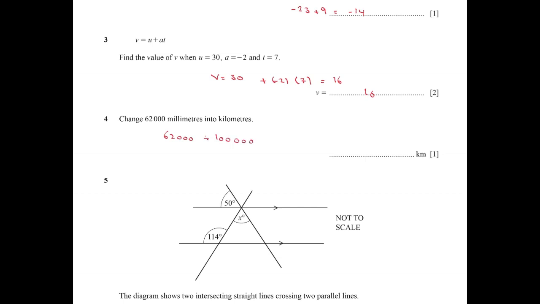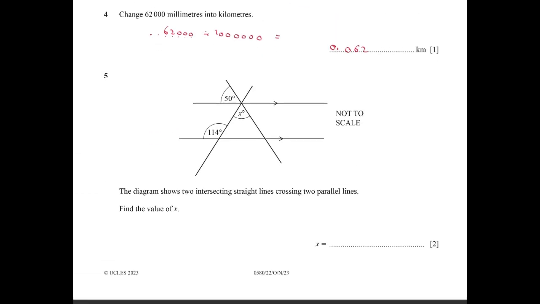That means we have to divide by 1 million. 1 million means to move the decimal point 6 steps to the left. 1, 2, 3, 4, 5, 6, and the point will be here, so the answer will be 0.062.